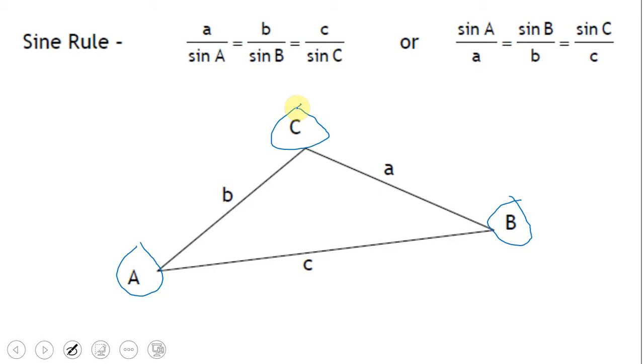Now you use the one with the sides on the top if you're trying to find a missing side, and use the ones with the angles on the top if you're trying to find a missing angle.